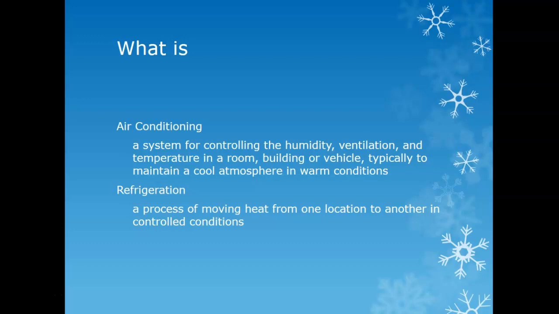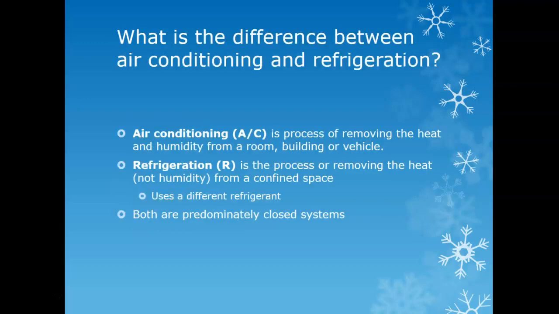All right, refrigeration is the process of moving heat from one location to another in controlled conditions. So essentially, air conditioning is about controlling all of it. Refrigeration is just trying to remove all the heat. Air conditioning is the process of removing the heat and humidity from a room, building, or vehicle.